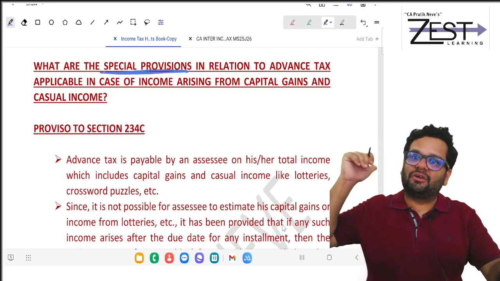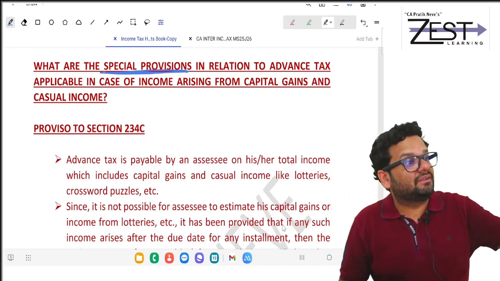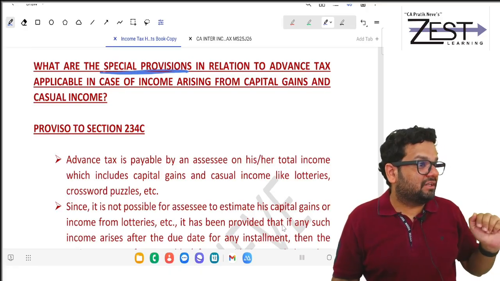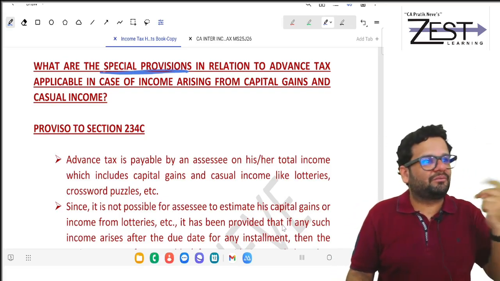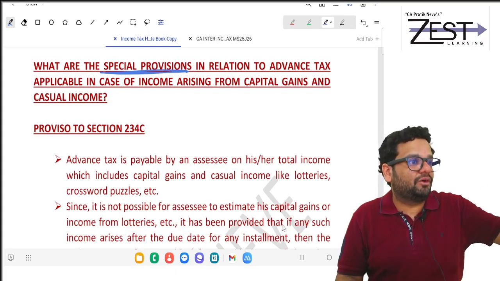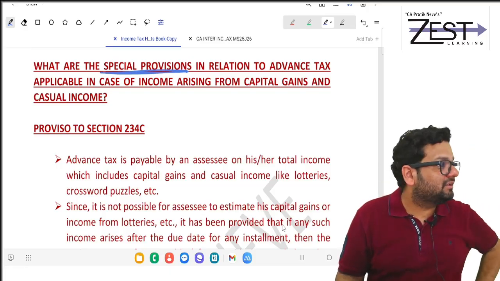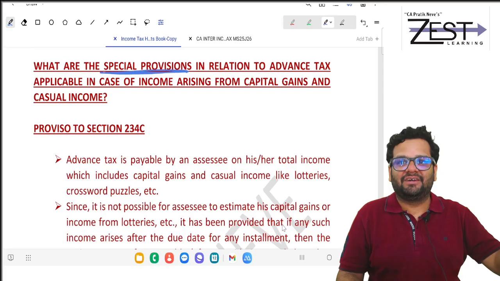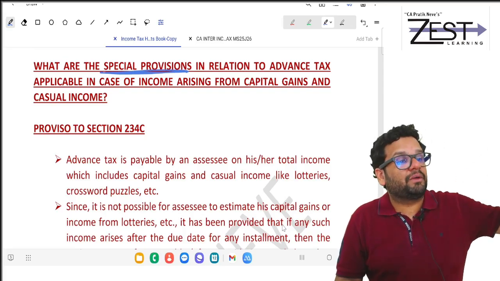So one installment is already gone. So I will consider that income only for next 3 installments. If I would have earned after 15th September, I will consider for remaining 2 installments. If I win after 15th December, then I will consider only for 1 installment. And if I win after 15th March, then I have to pay by 31st March.